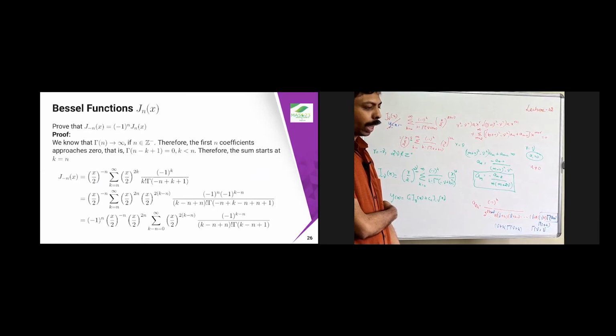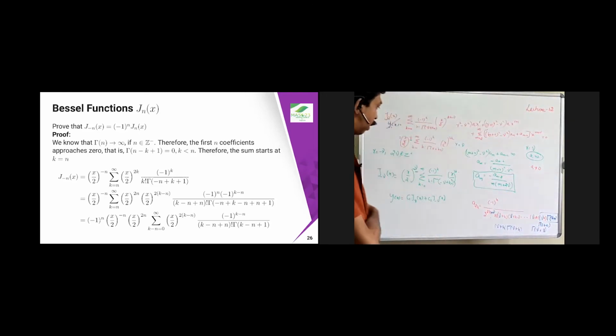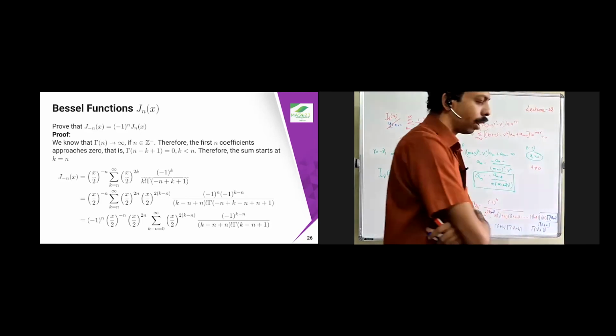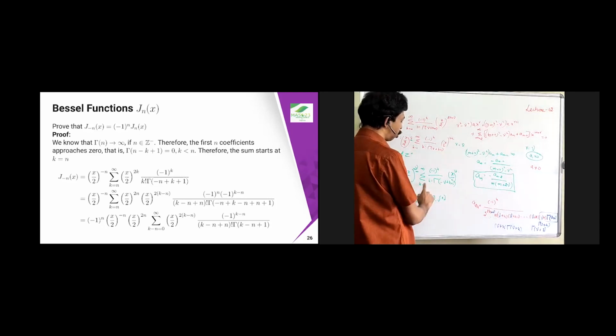So now we are going to see that the first n coefficients approach 0. Gamma of minus n plus k plus 1 is going to be infinite for all k less than n. So the first n terms become 0, because gamma tends to infinity and it is in the denominator.